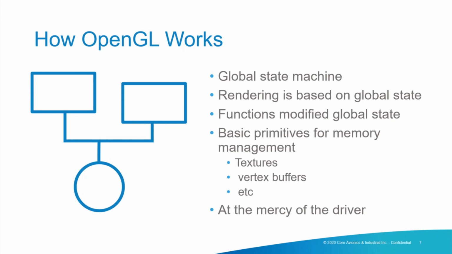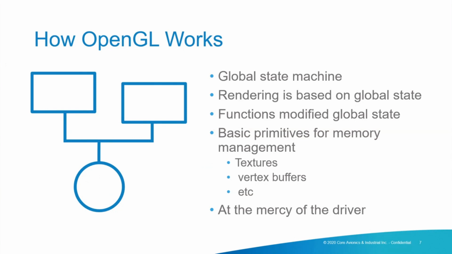And that state is stored implicitly and globally in the application. And when you call a function that is supposed to do something that draws, so for example, the function glDrawArrays, it's going to read that global state and then perform the drawing operation based on that global state.